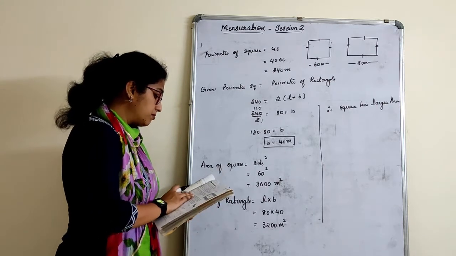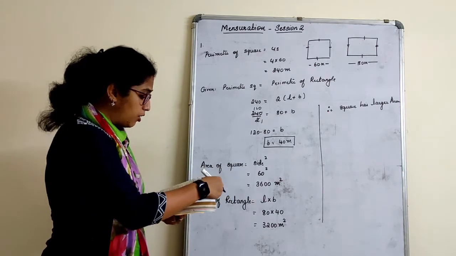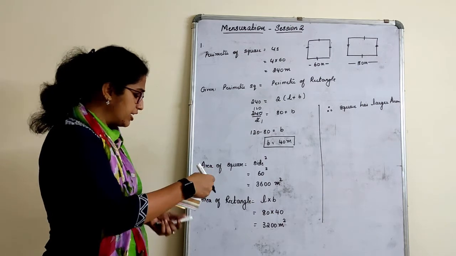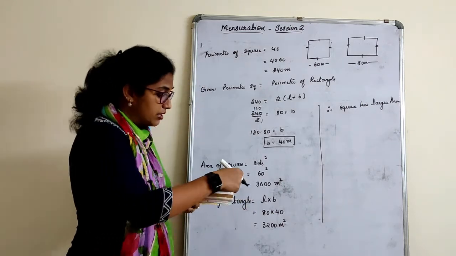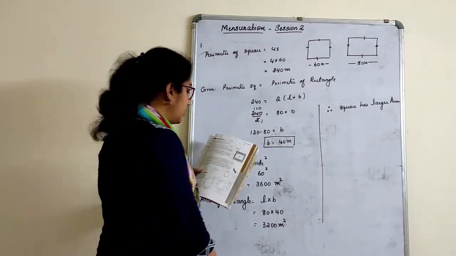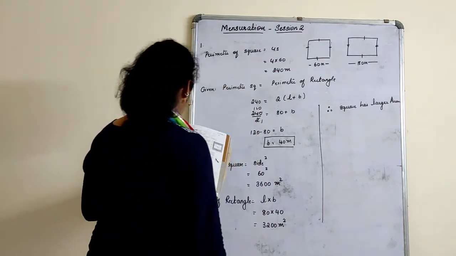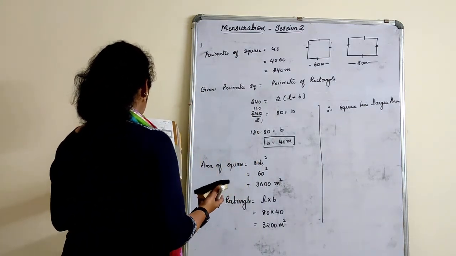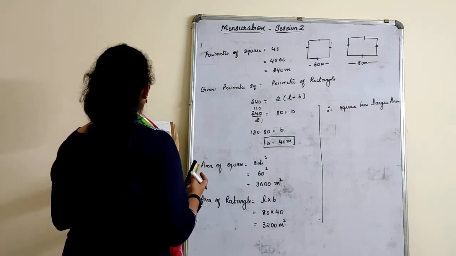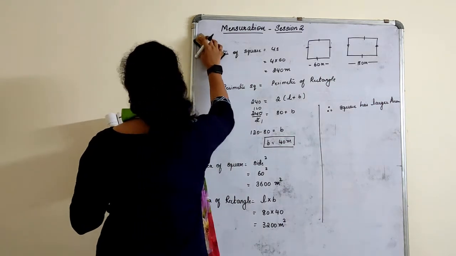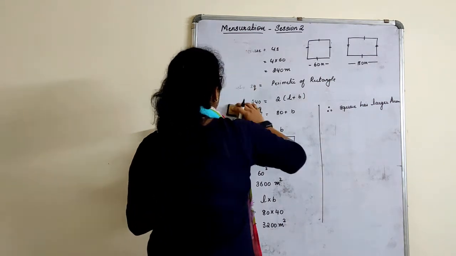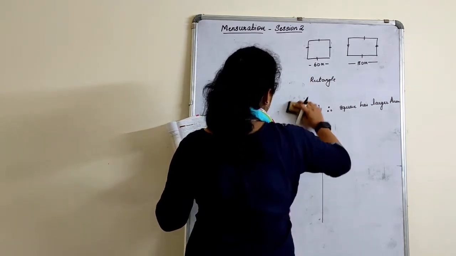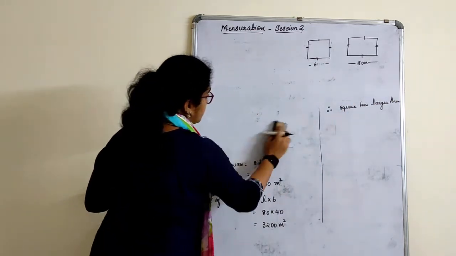Next one. Mrs. Kaushik has a square plot with a measurement as shown in the figure. She wants to construct a house in the middle of the plot, and a garden is developed around the house. Find the total cost of developing the garden around the house at the rate of 55 per meter square. Before that, let's first understand the figure which they have given.